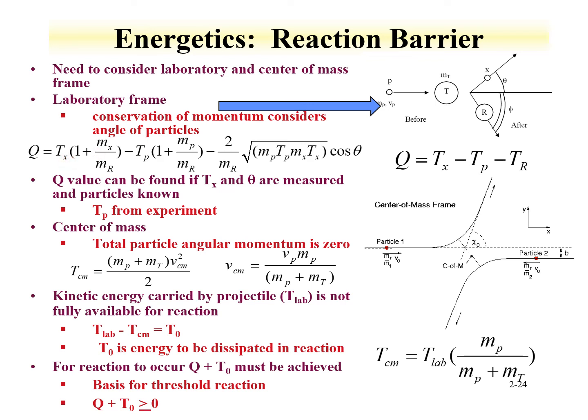So the kinetic energy of X would be the particle here. The kinetic energy of P is our projectile, and we also have information related to the kinetic energy of the product.